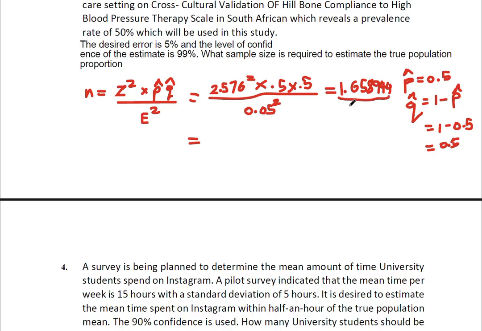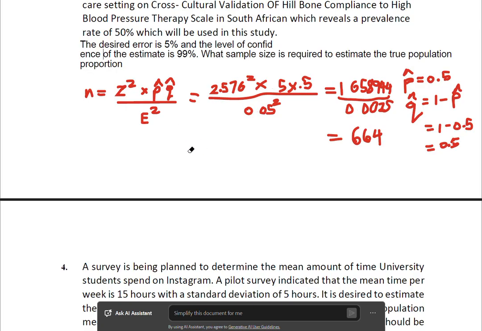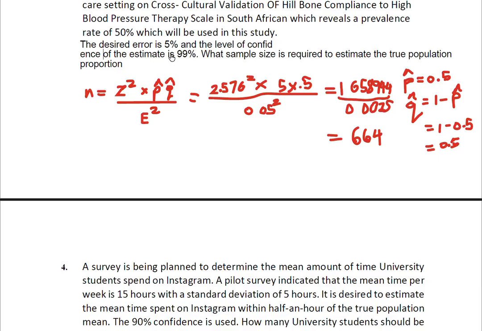When you square 0.05, you get 0.0025. And so all we're going to do now is divide 1.658944, which is the numerator, by 0.0025. And that gives us a required sample size of roughly 664 persons. That is the number of persons who are required to be included in this study to guarantee a maximum error of 5% and a confidence of 99%.